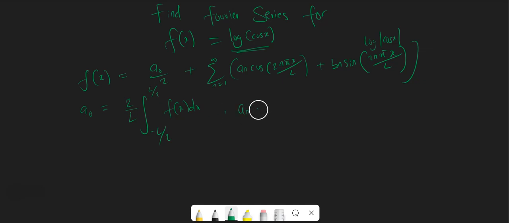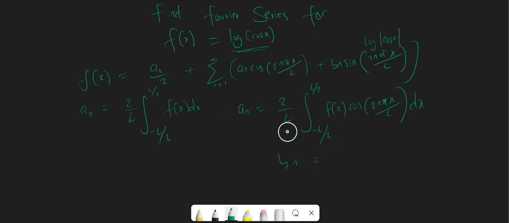Then a sub n is defined to be 2 over L times the integral from negative L over 2 up until L over 2 of f of x cos 2n pi x over L dx. And then you define b sub n the same, only with sine 2n pi x over L.